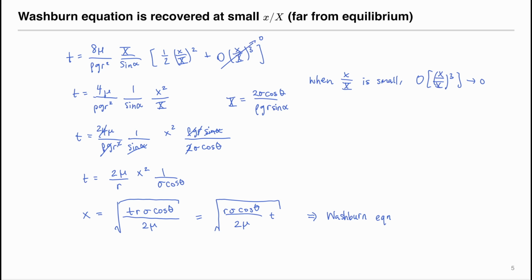So we have verified that at small ratio, we can recover the Washburn equation of a horizontal capillary using the Washburn equation for an inclined capillary, meaning that at small ratio, the gravitational effect is negligible.